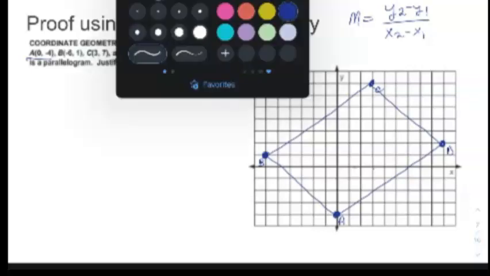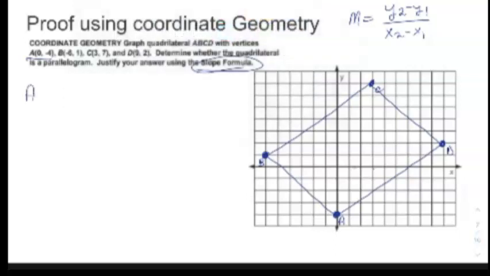Let's first check segment AB, where A is 0, -4 and B is -6, 1. Using our slope formula, y2 minus -4, which is our y1, over x2. For this one, don't forget your double negative, so we get 5 over -6. That's the slope of segment AB.